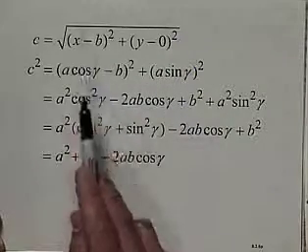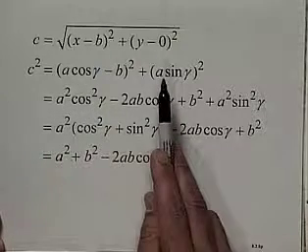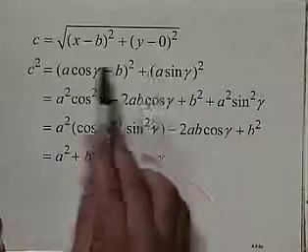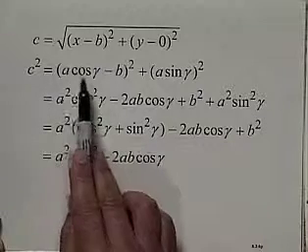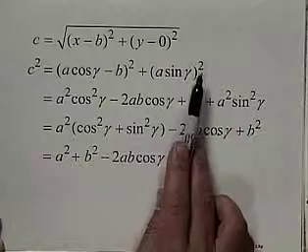Now, we just found that x is equal to a cosine gamma, and we just found that y is equal to a sine gamma. And in this step, we've also squared both sides. So we have c squared equals (a cosine gamma minus b) squared plus (a sine gamma) squared.